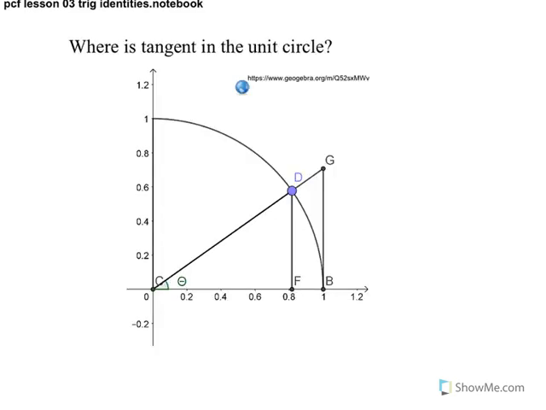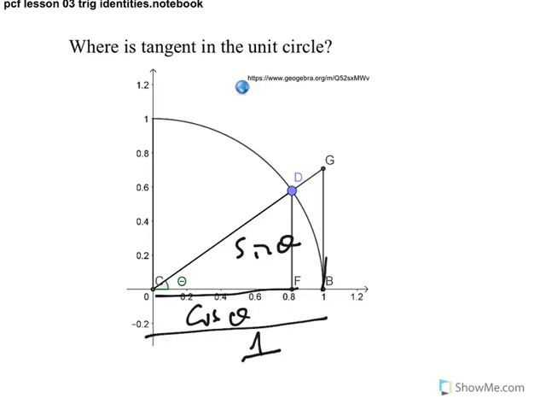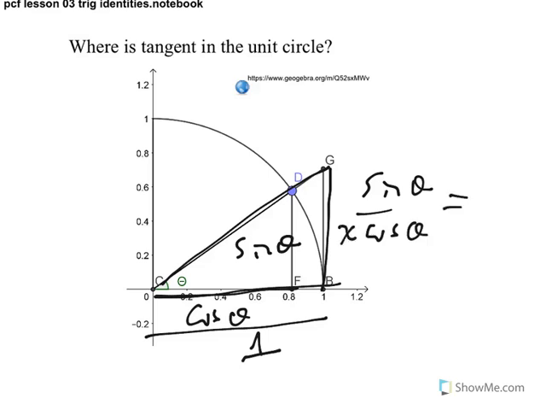Now, in the last lesson I mentioned how tangent is not officially in the unit circle, but if this is cosine and this is sine and this down here is 1, because of similar triangles, sine theta over cosine theta is equal to whatever this is over 1.